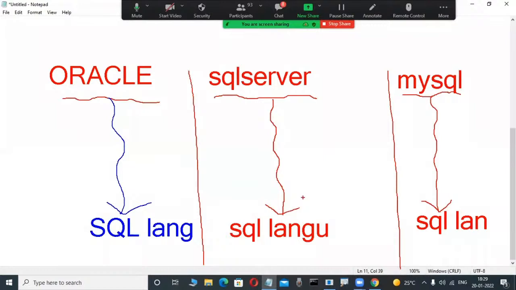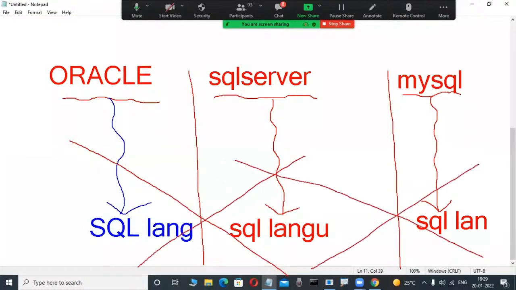Easy. Maybe some technical persons in our class are telling. Are all these SQL languages the same or different? Very good. In our class many people are saying they are the same. That is 100% wrong. These SQL languages are different, not the same. Why are so many students confused?